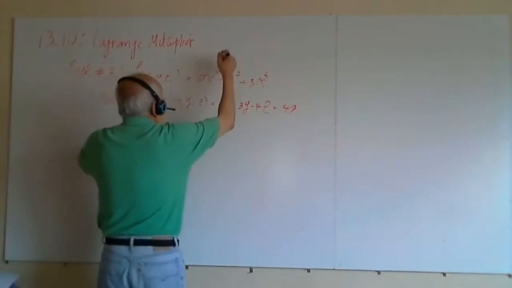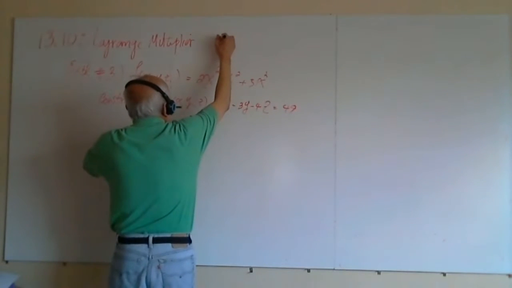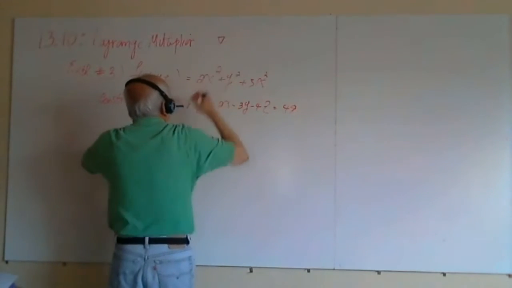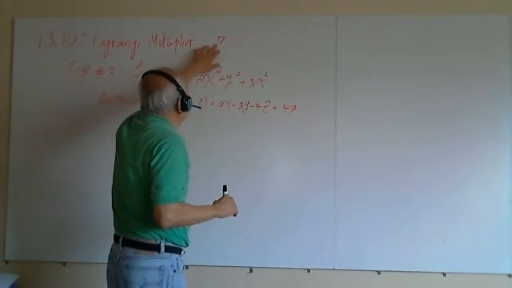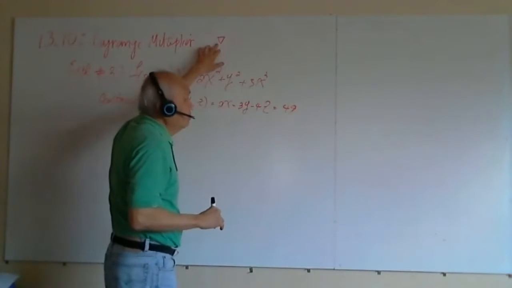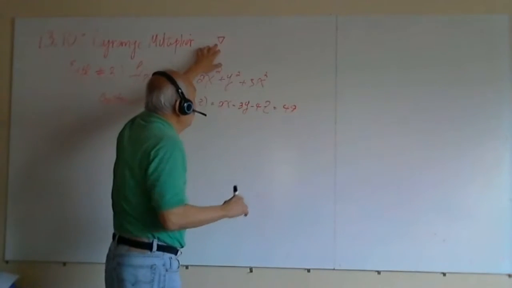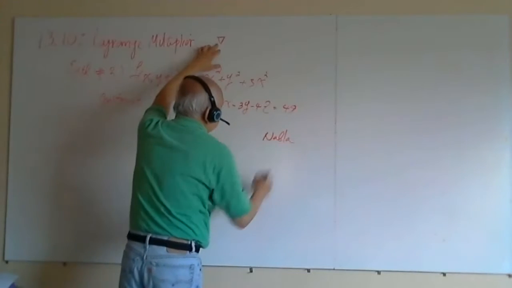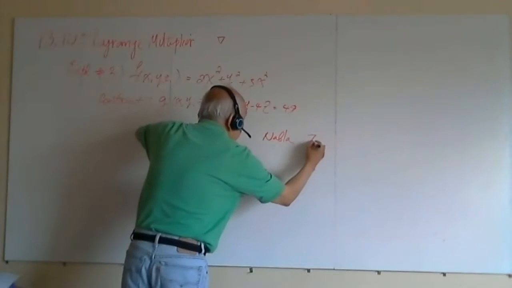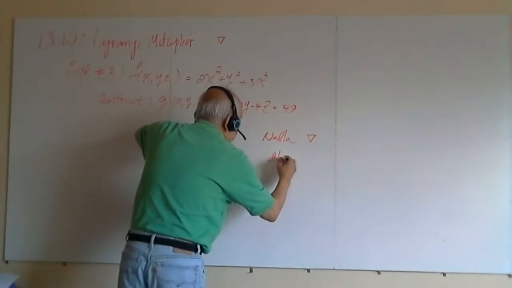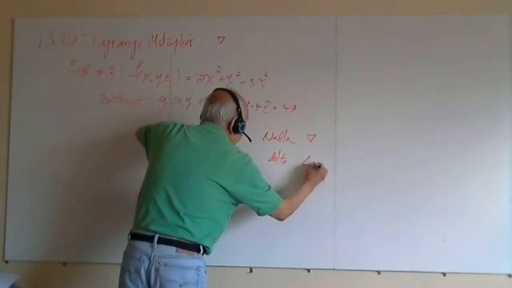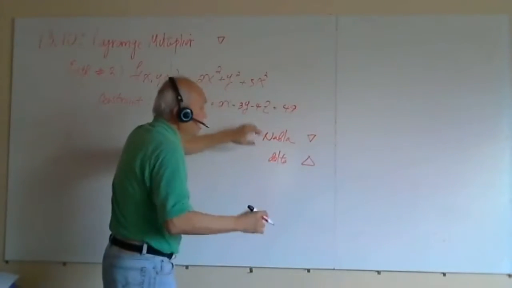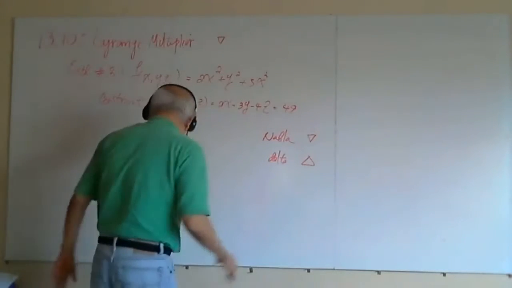So the formula itself is actually this one here. It's not delta. Because it is upside down, we call it nabla. Nabla is like this, delta is like this. Nabla means delta upside down.